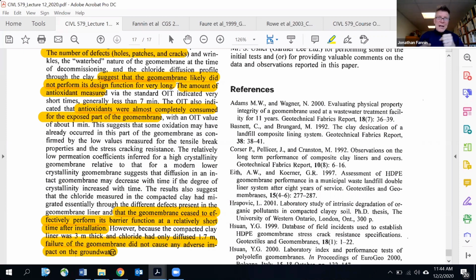And I would capture what he said as the geomembrane is an auxiliary to the clay barrier.